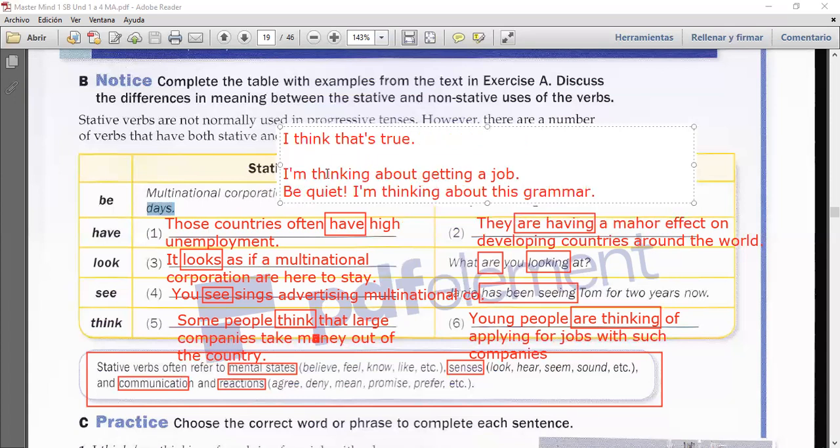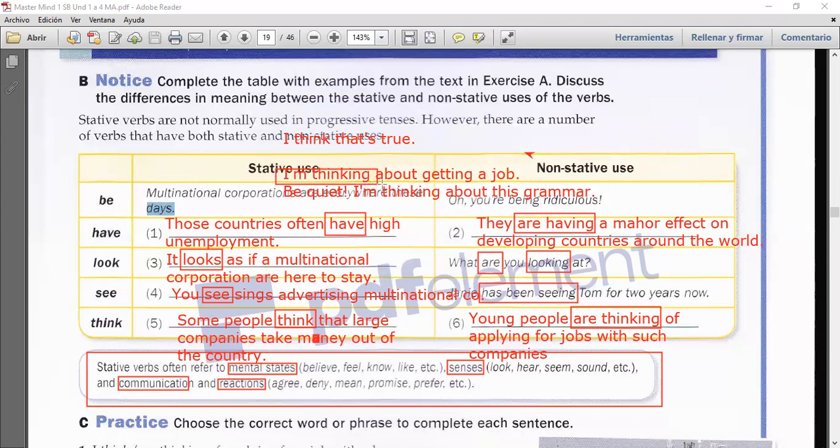Okay, so a stative verb now is working as a non-stative, as an action, because at that moment something is happening. You're thoughtful. Hey, what happened? Be quiet. I'm thinking about this grammar. Because at that moment you're thoughtful.